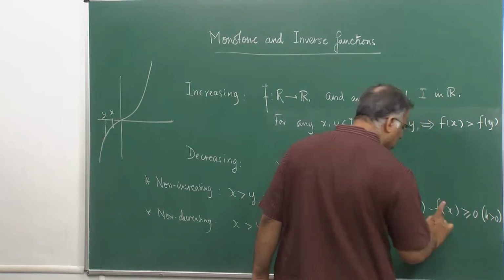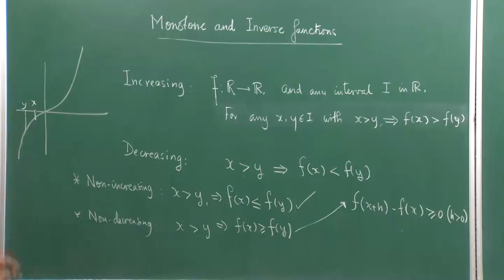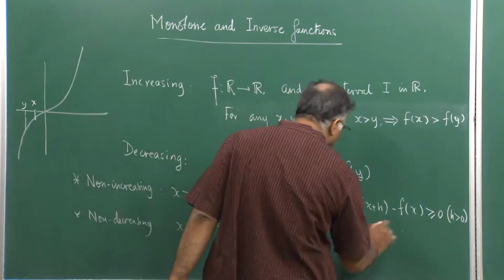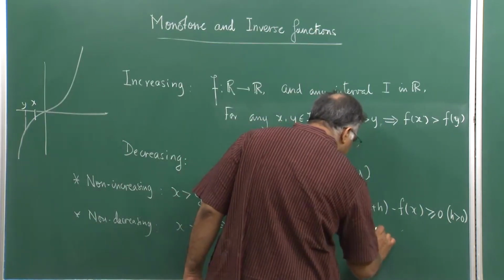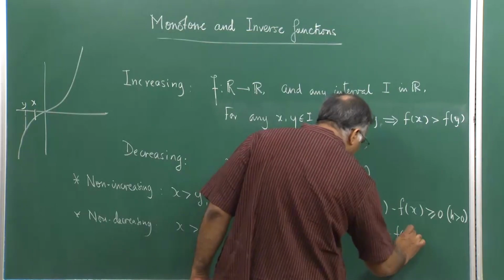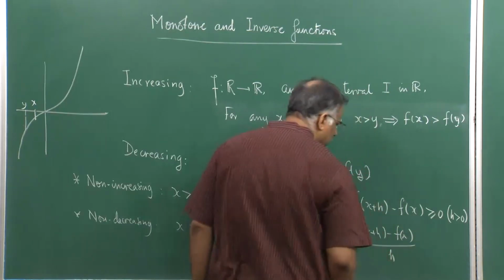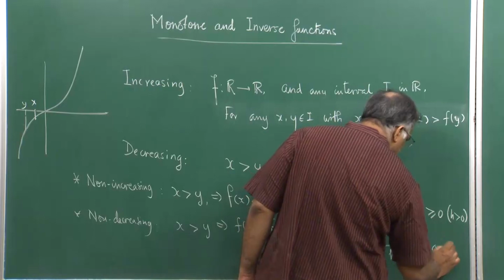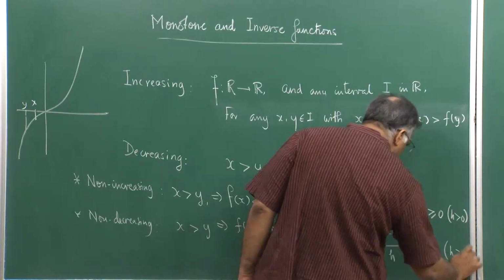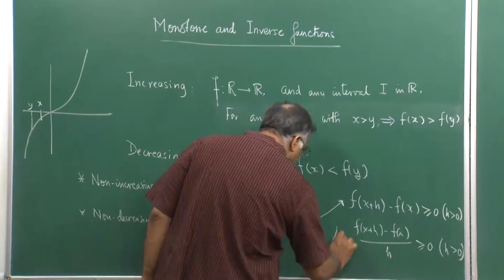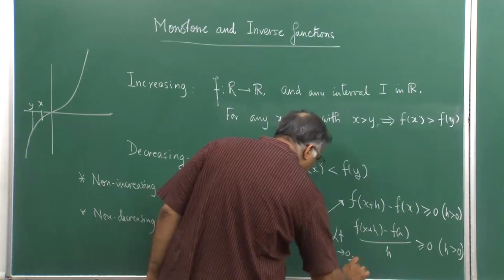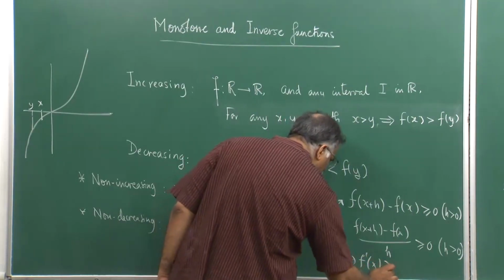So, x plus h is strictly bigger than x, which means f of x plus h is either equal or strictly greater than f(x). Then because h is positive, you simply divide by h. Then you take the limit as h tends to 0, and that will simply tell you that f dash x is greater than or equal to 0.